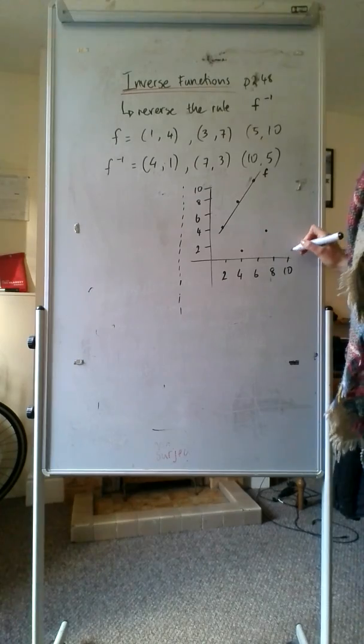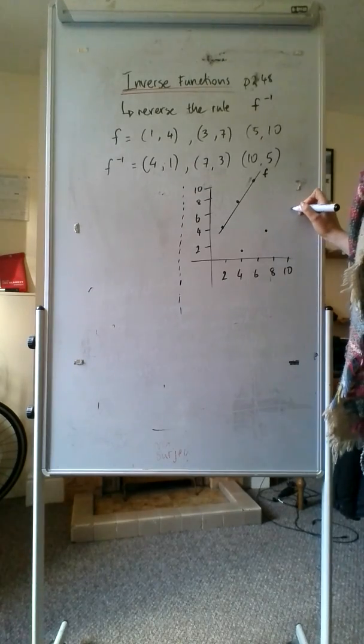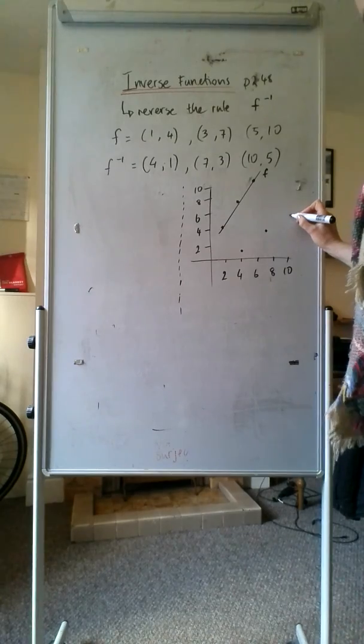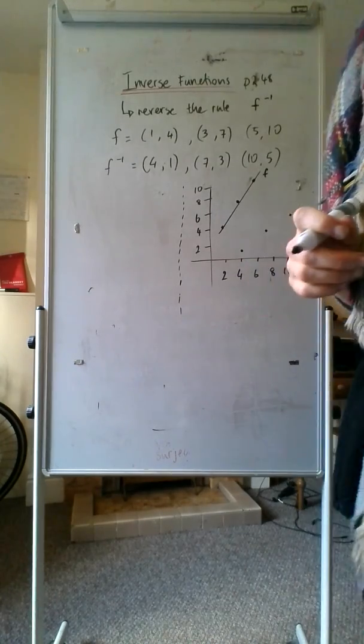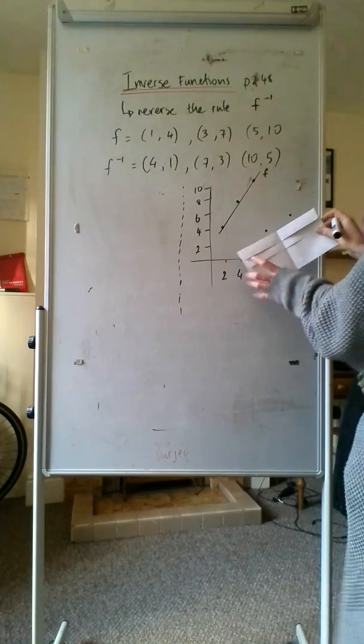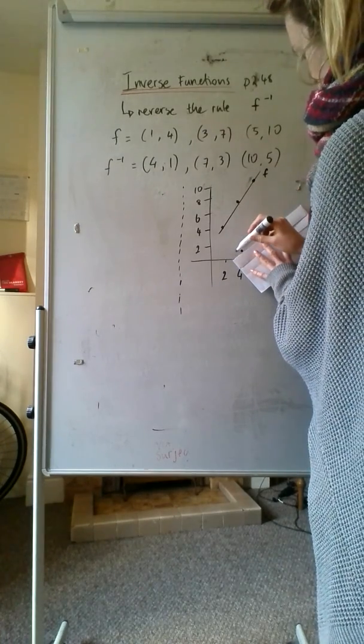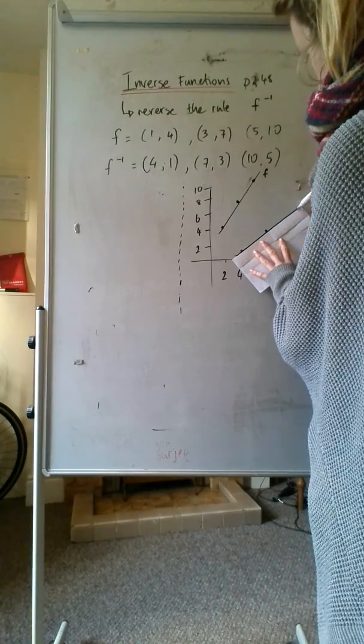And (10, 5) is going to be roughly there. And if I just join them, it looks like this. So there's your line.